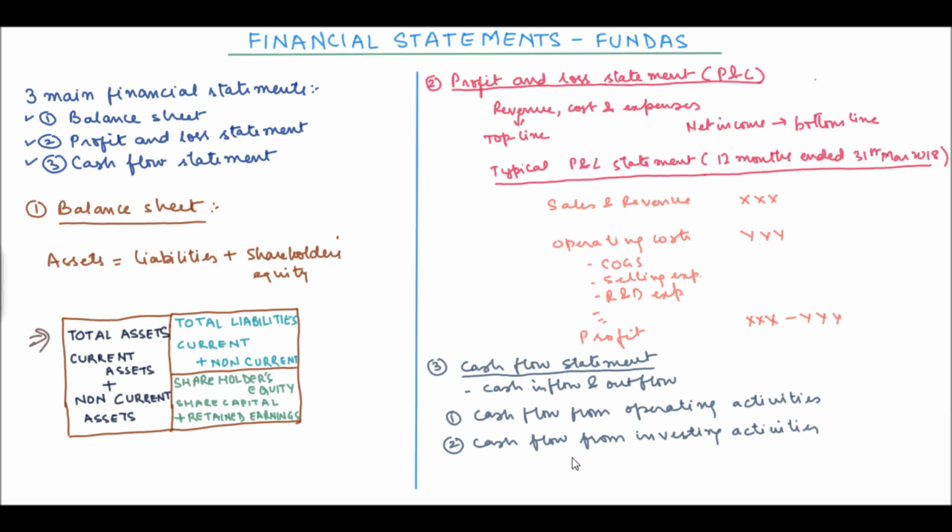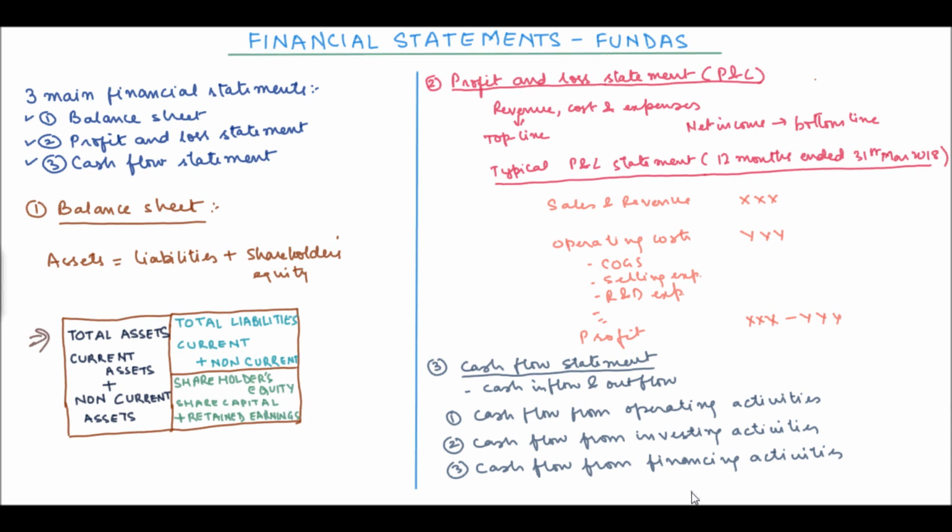Let's look at the third part. The third part is cash flow from financing activities. So this section lists cash inflow or outflow from equity or debt, loans taken or paid, dividends payout, share buybacks, etc. So these are the three main sections of a typical cash flow statement.